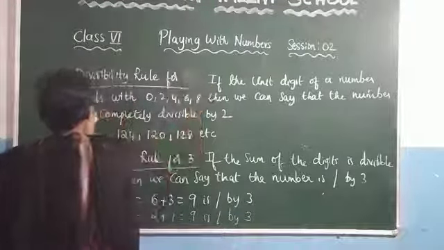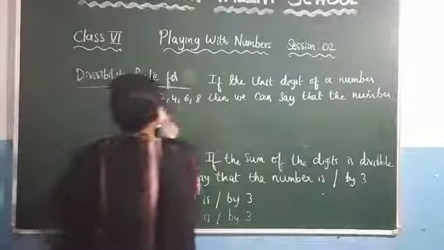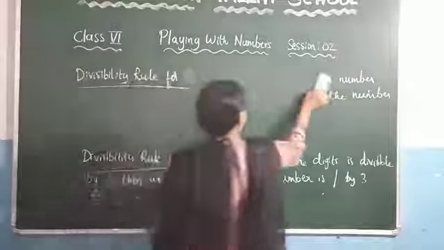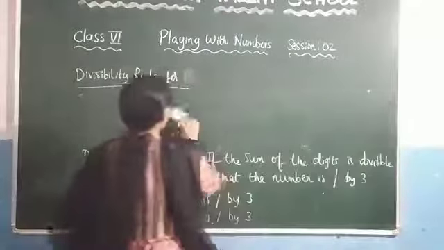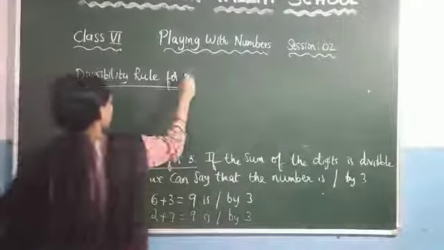After that we discuss the divisibility rule for 4. What does it state here? You have to check the last 2 digits of a number. So write it here, divisibility rule for 4.